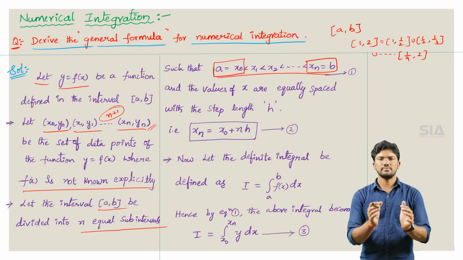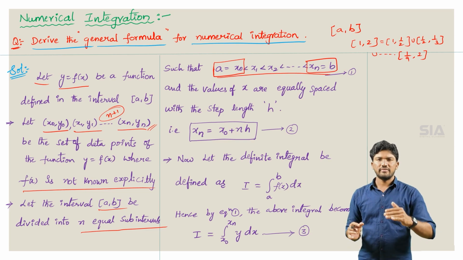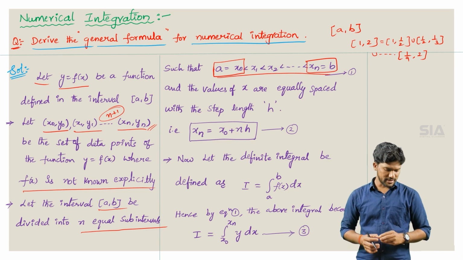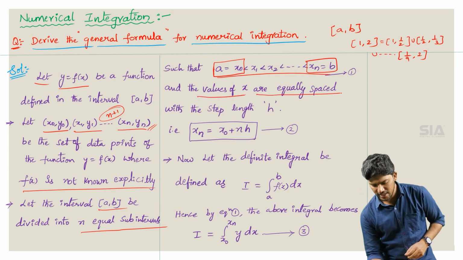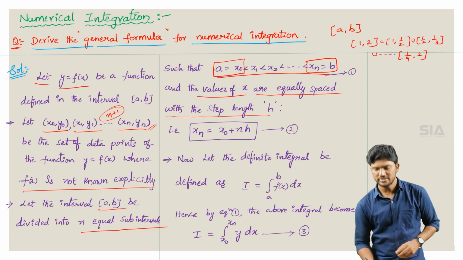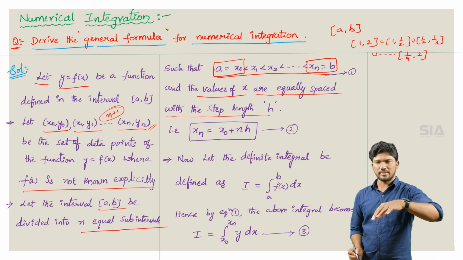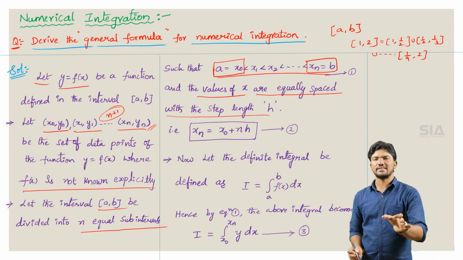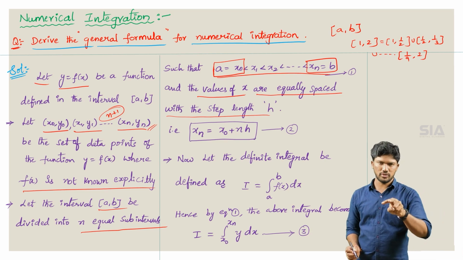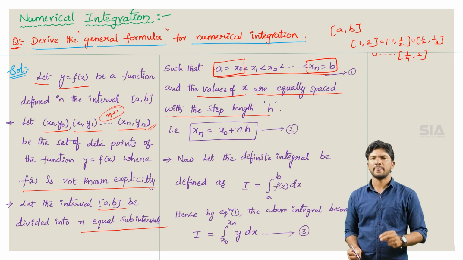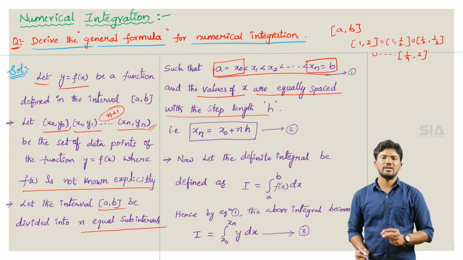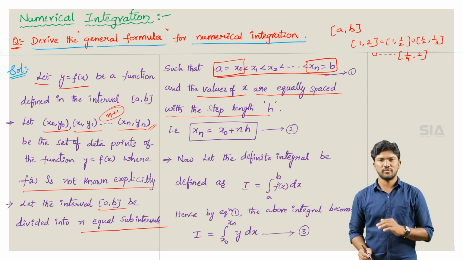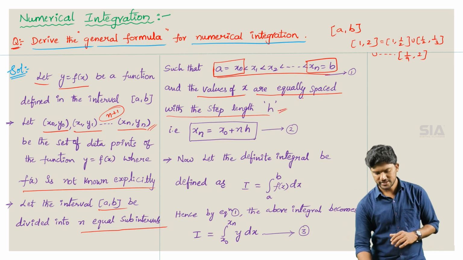We have taken the interval, and we have divided that interval into n equal subintervals. The values of x are equally spaced with the step length small h. That means we have subdivided them, but not with different lengths; they must have the same length. If you take any two points and subtract the x values, those x values are equally spaced with the step length small h.